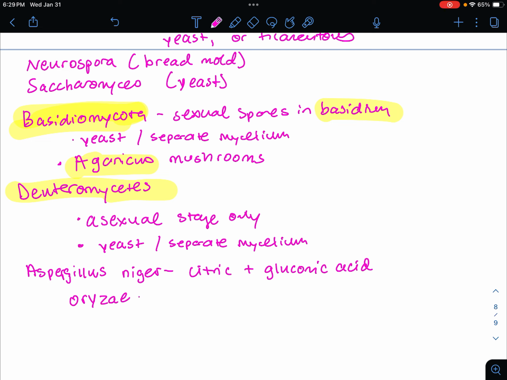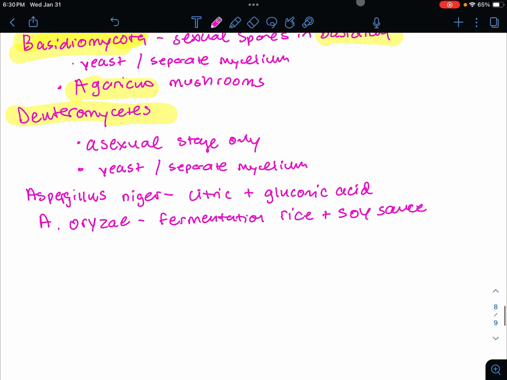Kind of reminds me of the word rice. And guess what they're going to be using? Fermentation of rice and soya. So like soy sauce, I'm guessing. No, I need to do more research on that. Soya product, so one of them that comes to mind is of course soy sauce.